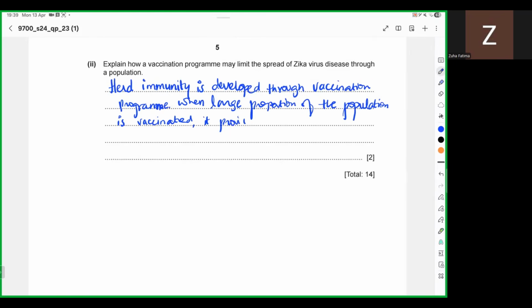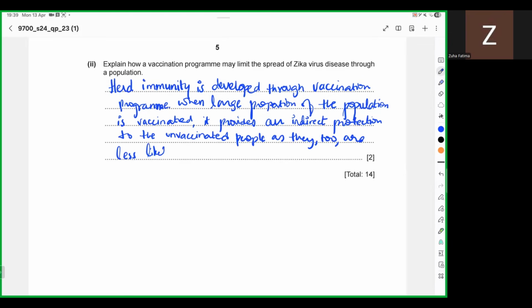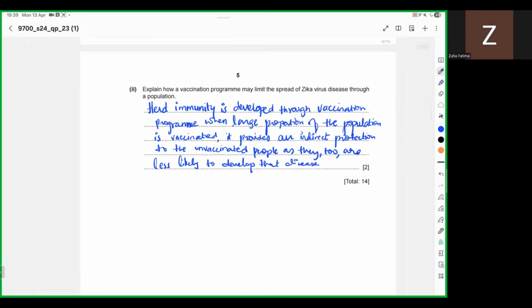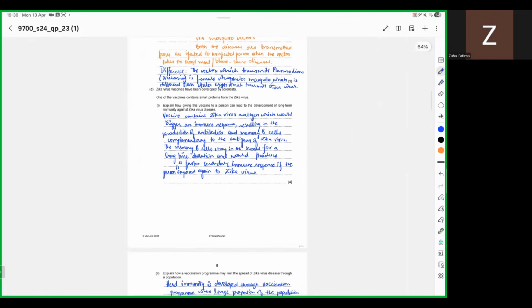It provides an indirect protection to the unvaccinated people, as they too are less likely to develop that disease. Clear? Any questions about question number one?